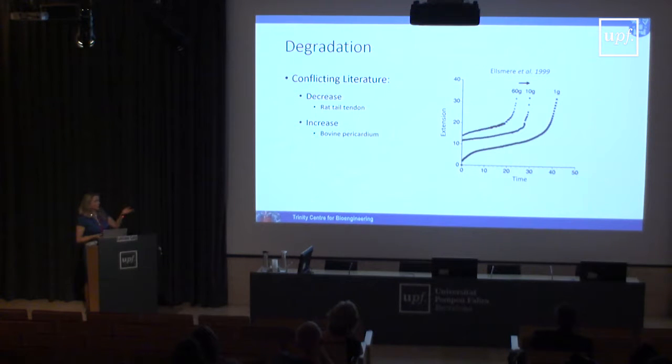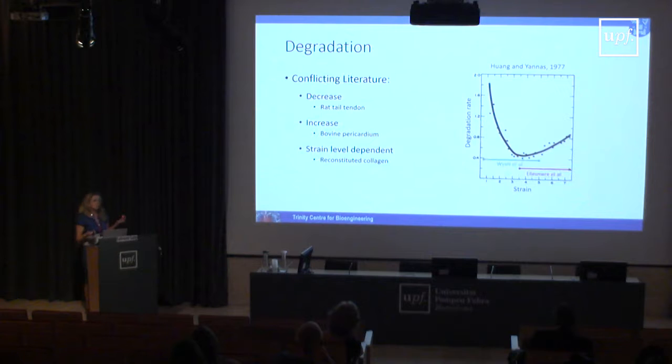But another study showed that in bovine pericardium you'd see an increase in degradation as you increased the strain, as you can see there. And then there was a study on reconstituted, almost pure collagen that identified a strain-dependent mechanism, but one that is very much strain level dependent. It brings those two conflicting studies together and explains them.